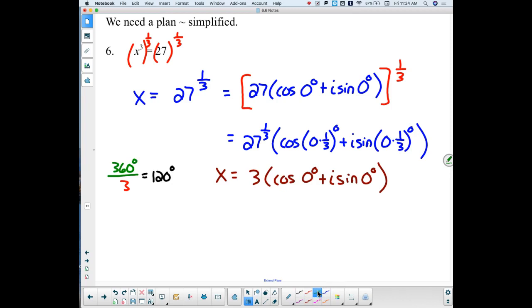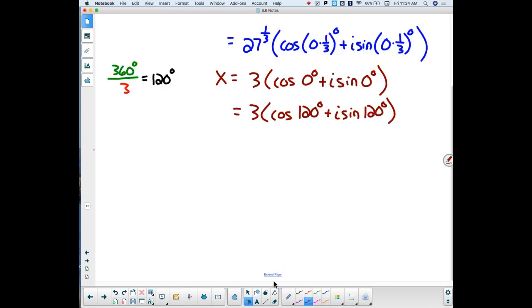So now to find the other two, I would say this is going to be 3 times the cosine of 0 plus 120, which is 120. Then I have to do it a third time to get my third root: 3 times the cosine of 120 plus 120.